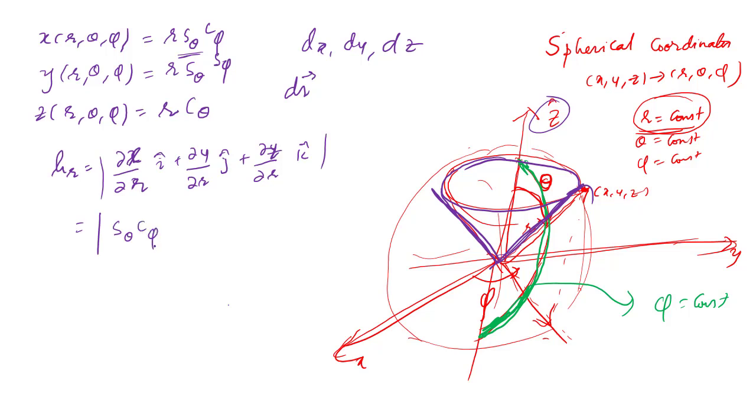Let me rewrite this as x, y, z just to be consistent, because I don't want to use i for an index and have you confuse that with the unit vector. I want to be a little more careful about it. So dou x by dou r is sine theta cosine phi along x, plus dou y by dou r is sine theta sine phi along y, and this is simply cosine theta along z.